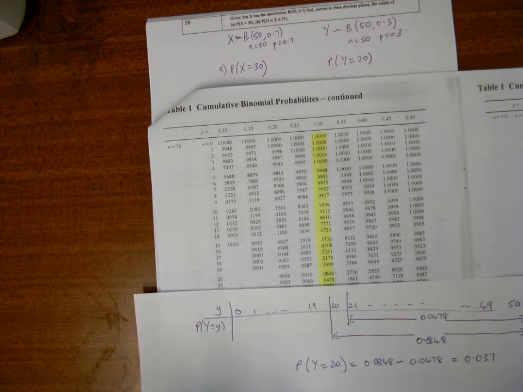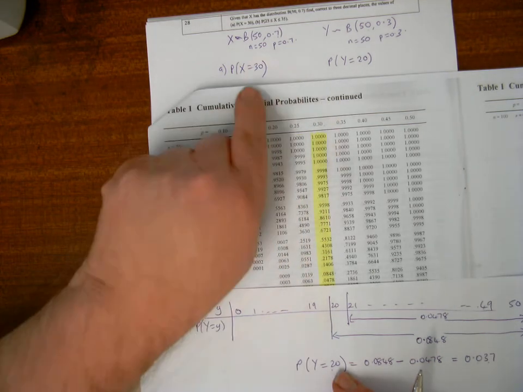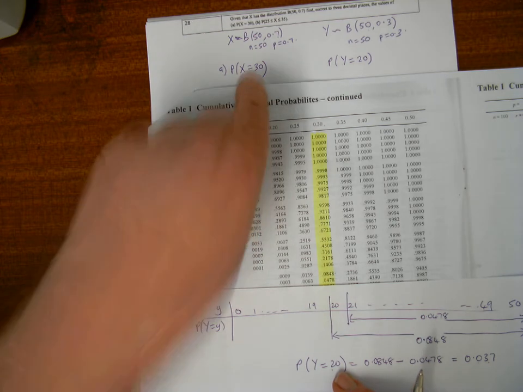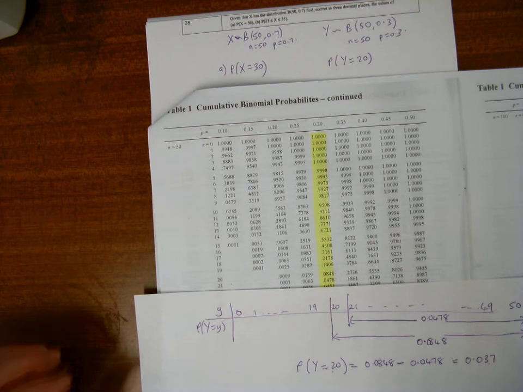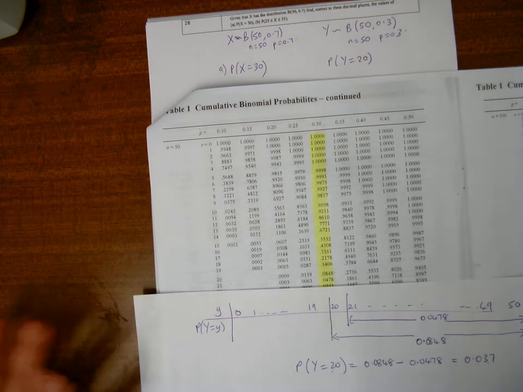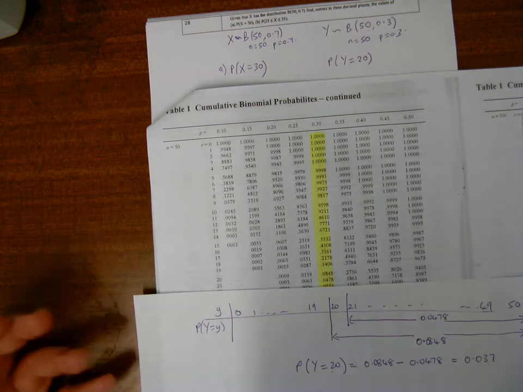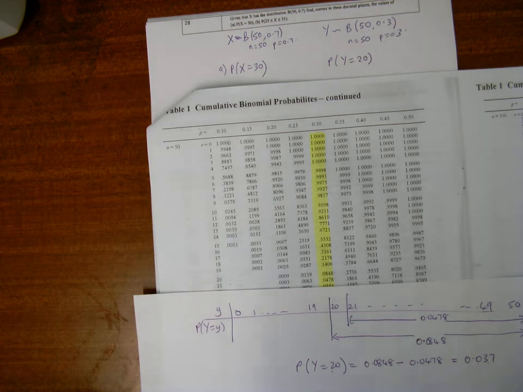So the probability of having 20 failures is 0.037, which is exactly the same as having 30 successes. Okay, so I have to change the question round if that probability is bigger than 0.5, if I'm forced to use tables. If I wasn't forced to be using tables here, I would just be using the formula and finding out x equals 30.